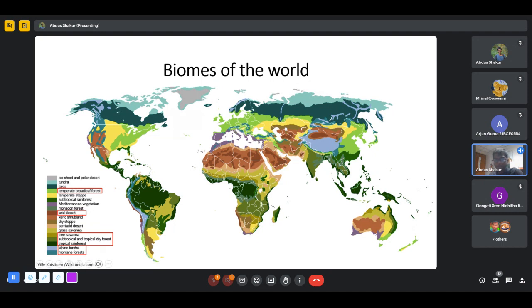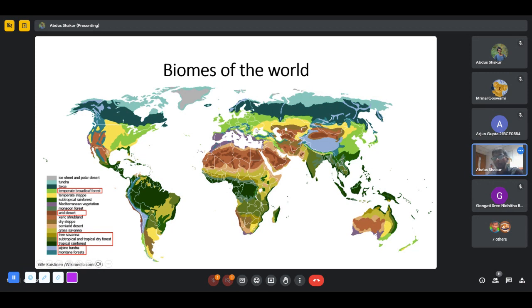And arid desert you can see in Rajasthan, and tree savanna, subtropical dry forests, and tropical forests, mostly the pan-tropical forests in the Western Ghats and the northeastern part of India, and subtropical dry forest here, and savannas here. And then alpine tundra and mountain forests are also in the Himalayas. These are confined to the high elevation areas in the Himalayas.